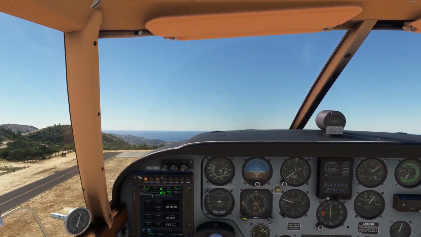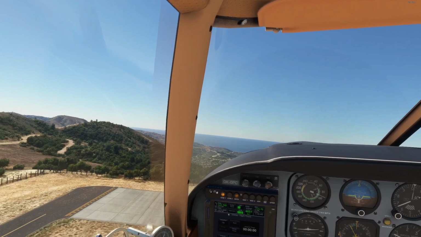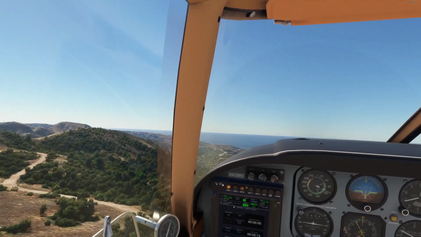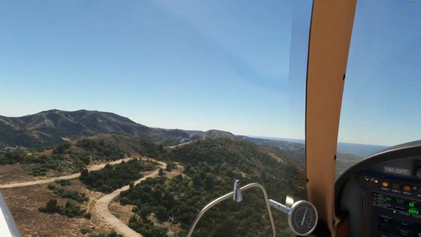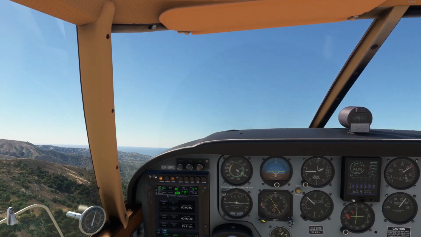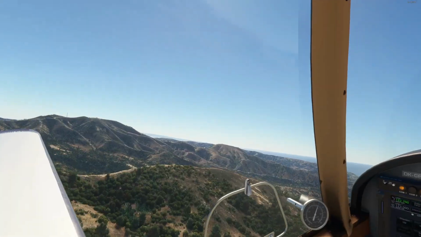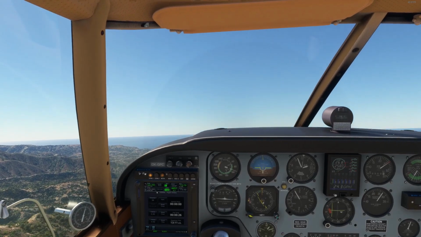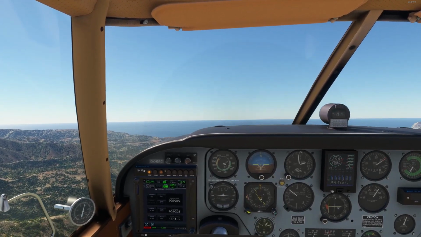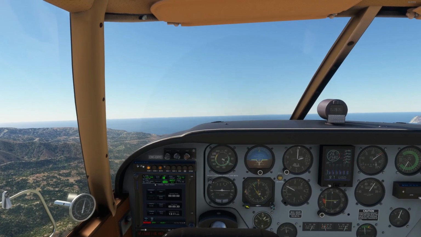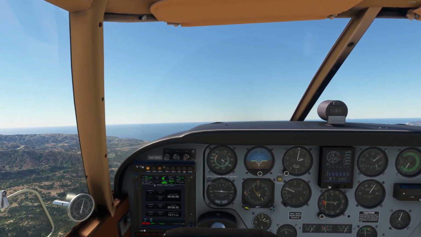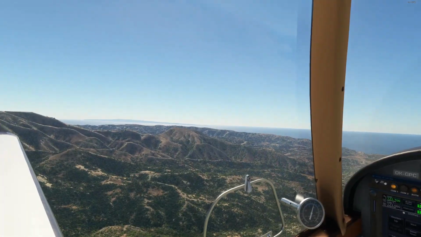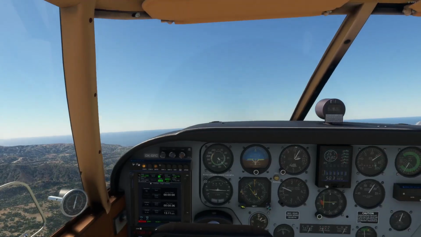Okay, gear goes up. Oh, nice. Look at this. Catalina traffic, November 17 Victor Hotel, lining up runway 22, Catalina. Let's go up. This is nice.